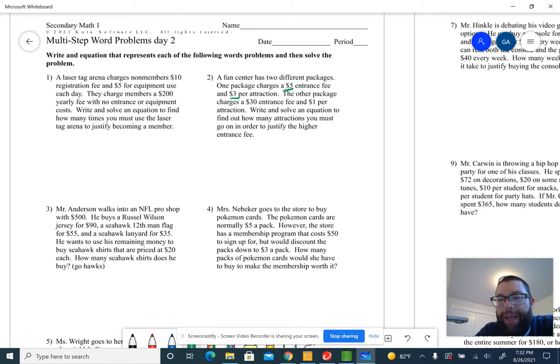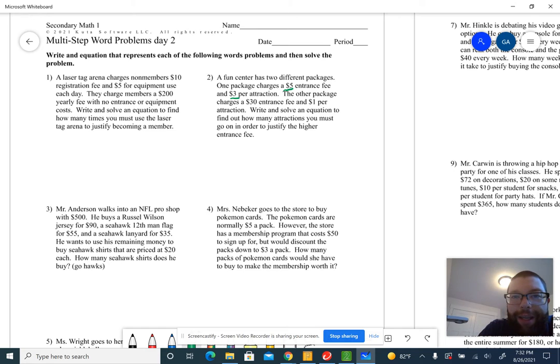Anytime you see the word per or each, those are the words you want to look out for with multi-step word problems, because that tells you what's going to be multiplying with your unknown. If you see the word per or each, that's your dead giveaway that you're going to be multiplying that number by your unknown, whatever your unknown is.